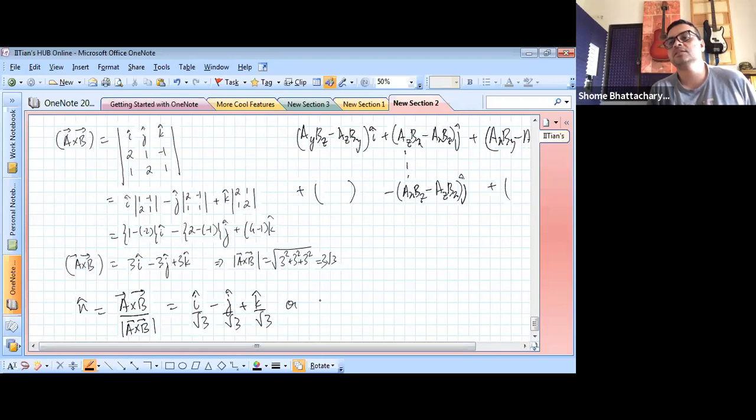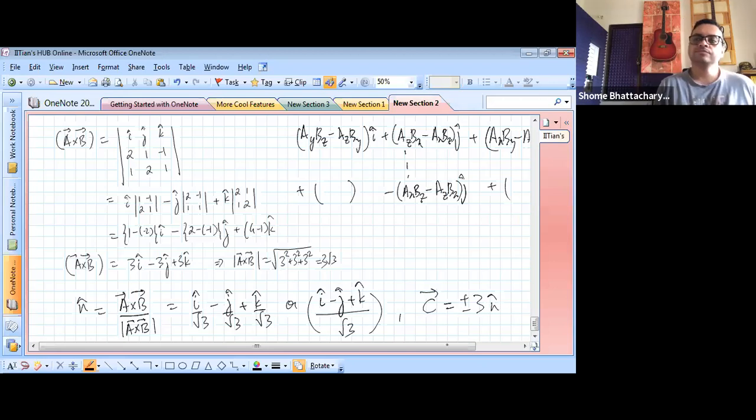Or you can write it as i minus j plus k, the whole thing divided by root 3. This is n cap. So now the vector C will be either positive or negative of 3 times n cap. That will become my final answer.